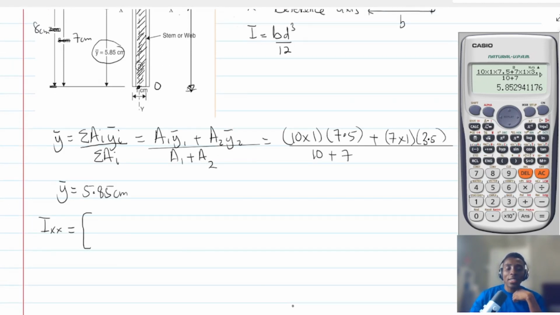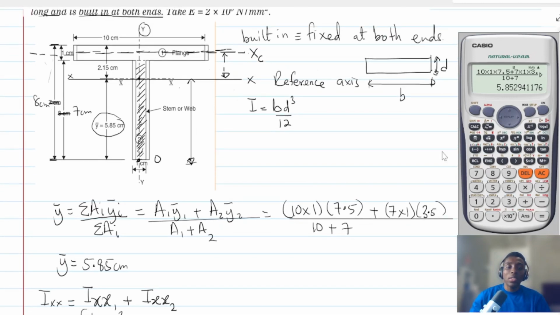To calculate the Ixx, it is going to be Ixx1 plus Ixx2, so Ixx for the first shape, which is the flange, plus the web. Considering the flange, it's going to be bd cubed over 12, and that's pretty simple because it's going to be 10 times 1 cubed divided by 12.